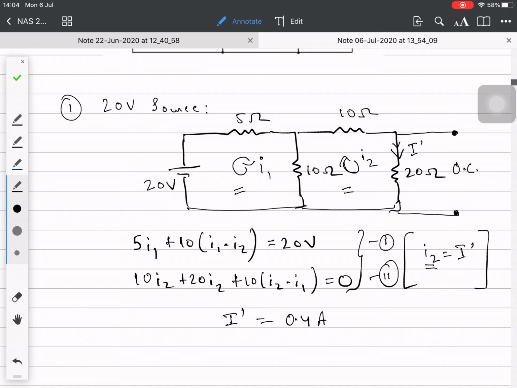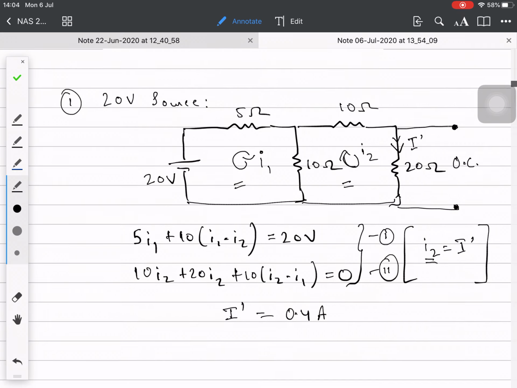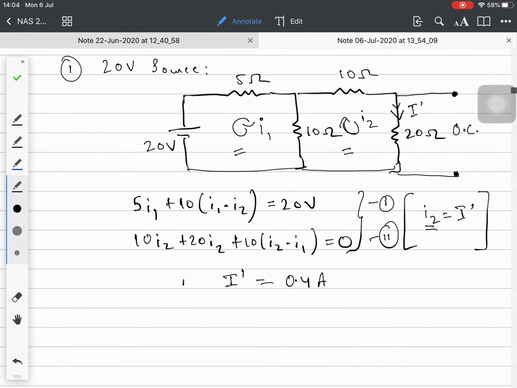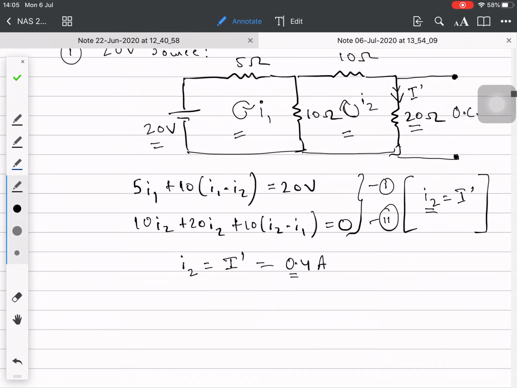Very basic calculation, simply two equations with two variables I1 and I2. So the response in the 20 ohm resistor due to only the 20 volt source is 0.4 ampere. So the first part is done.